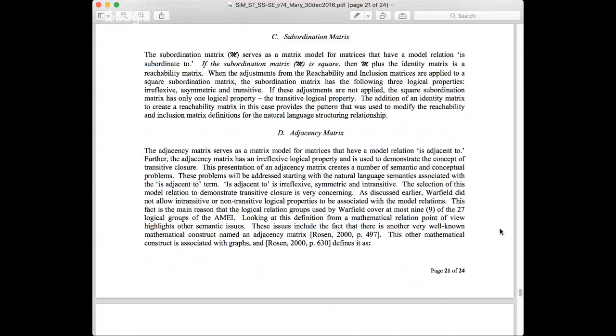A very key factor between Warfield's work and Sage's work on these fundamental matrices is that Sage never did an implication matrix. So the implication matrix and the logical implementation is really where we leverage the power of logic to reduce the cost of doing these things.